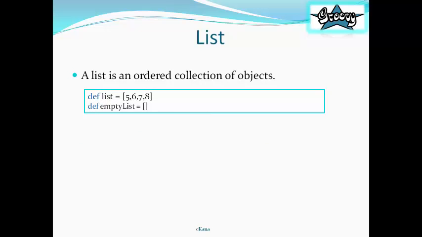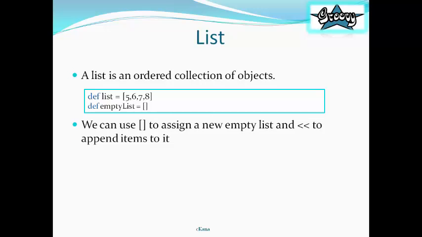Now let's discuss the list data structure. A list is an ordered collection of objects. This is a very simple definition of a list. You can create a list as follows: def list equals to an ordered collection of objects. Notice that the square brackets are the empty list expression. So that's how you can start by creating an empty list.